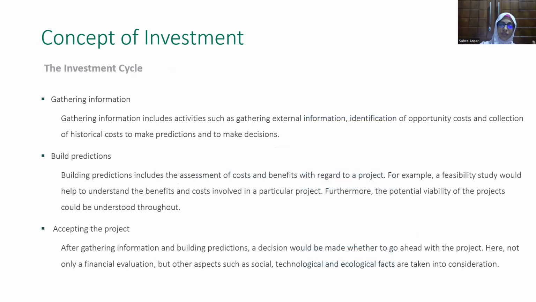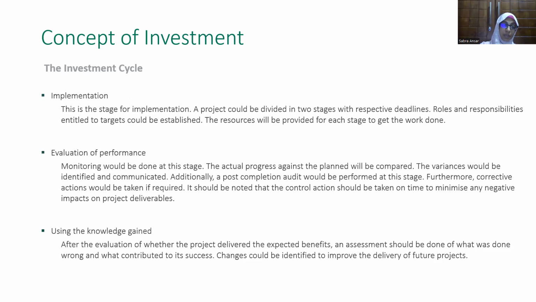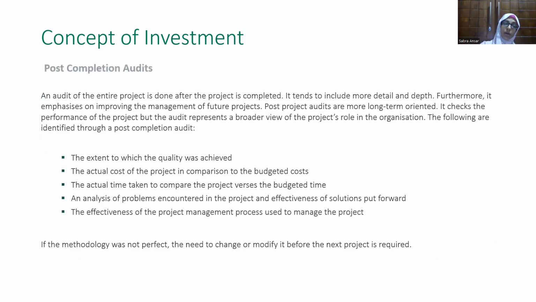That was explained in basic steps, where we talked about how the information is gathered, how the predictions are built, and how the project is accepted and implemented in 2 stages, and then evaluated using the budgets, and how the knowledge gained is used for future projects. And then I talked about the post-completion audit, which is one of the most important things done after a project in order to take in the learnings for future projects.